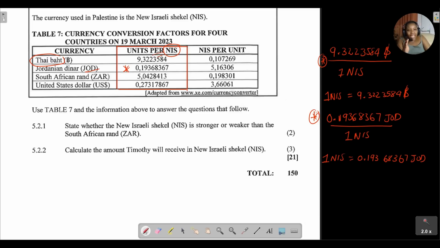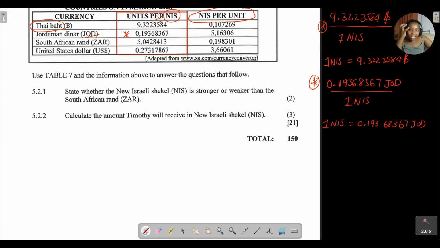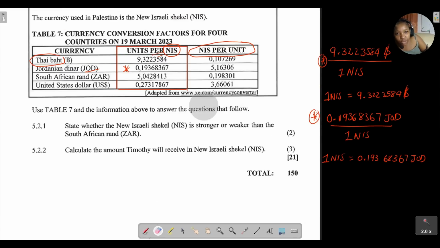That is how we can convert the units per 1 NIS into an equation that we can use to help us convert. Even here, now here it's NIS per unit. So it means that the NIS is the one at the top. So the value in this column represents the NIS. So it's 0.107269 NIS per 1 Thai baht, or 1 B, right?